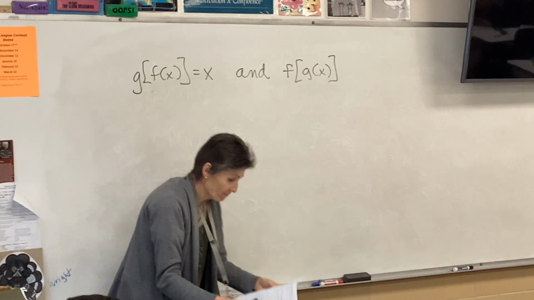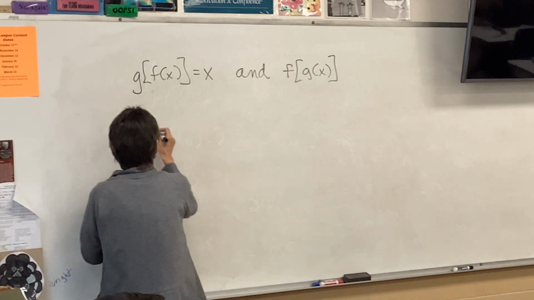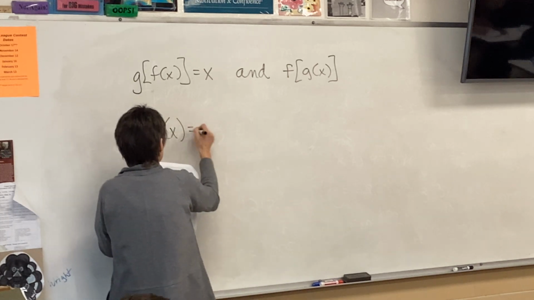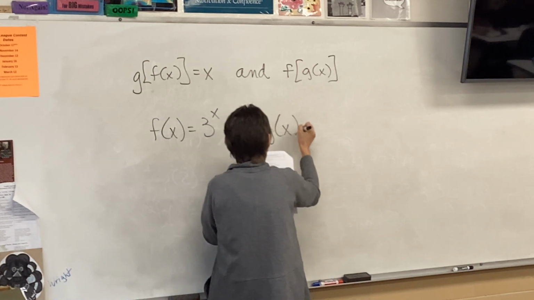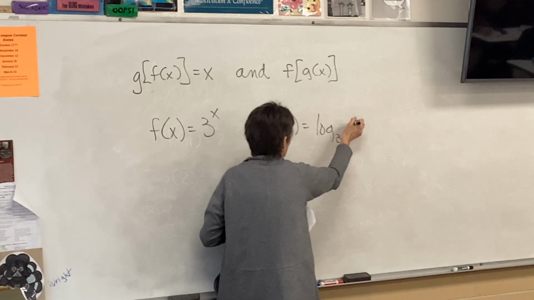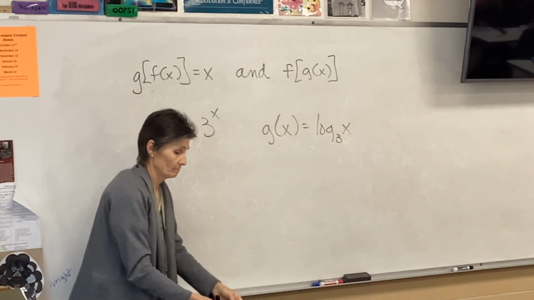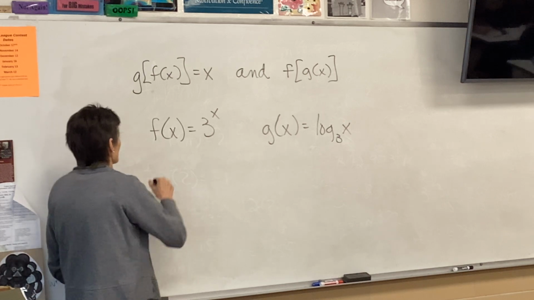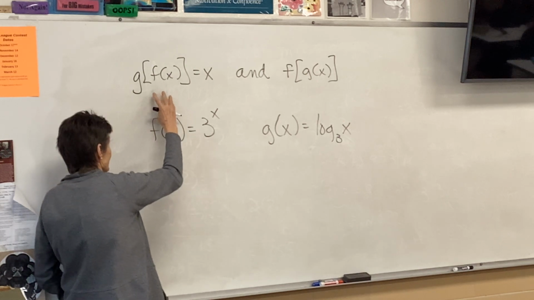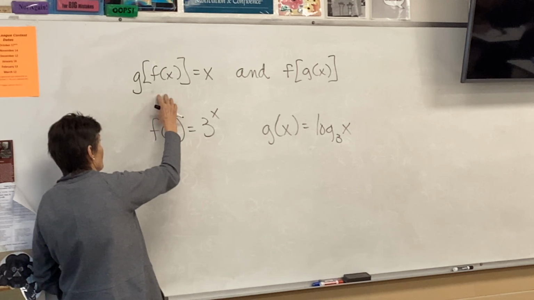Okay, so what are my functions? f is 3 to the x, and g is log base 3 of x. So what does this say? What am I supposed to do here?